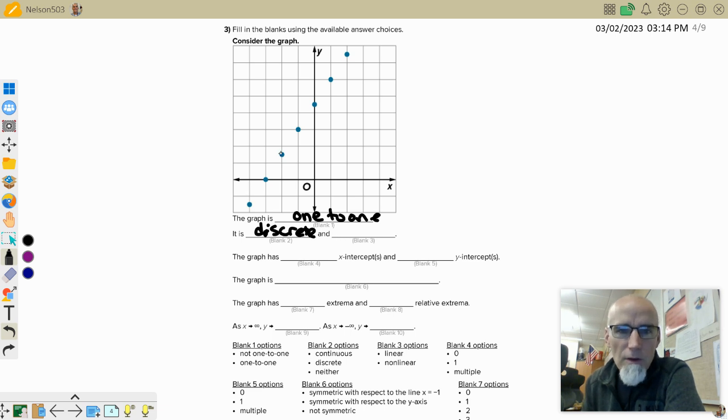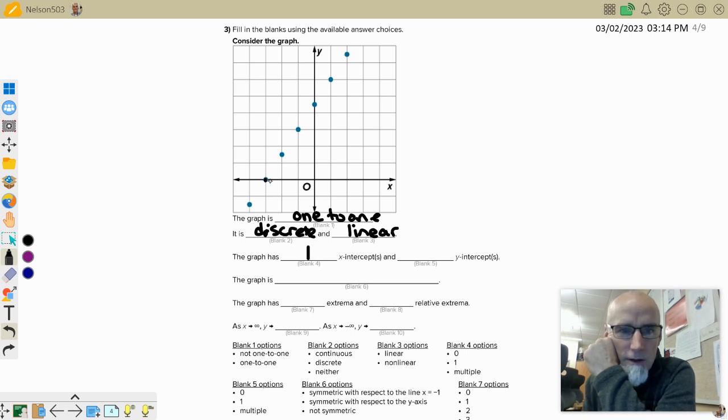Yeah, I mean, the points are following a linear pattern. You're not connecting them. Usually when we say linear, we're connecting them. So this one could go either way, but I'm going to go linear on it. The book might say nonlinear because it's not connected and continuous. Linear functions are continuous.